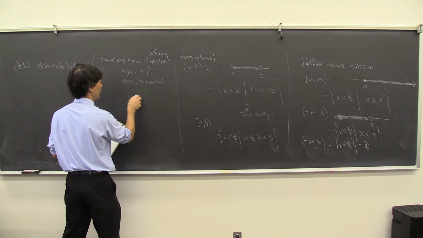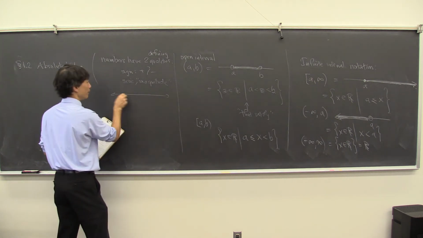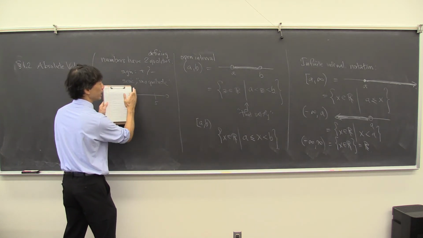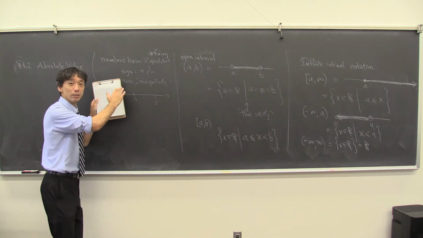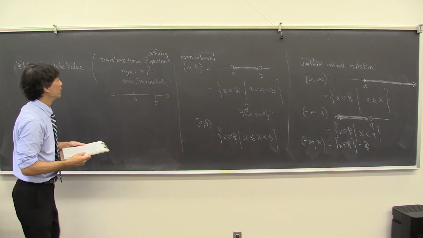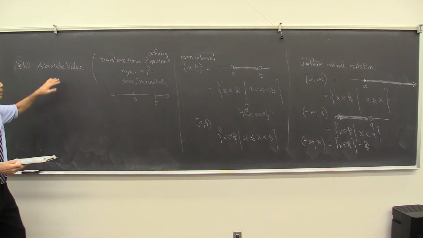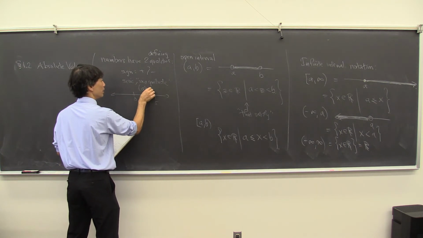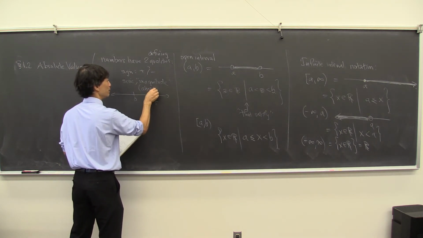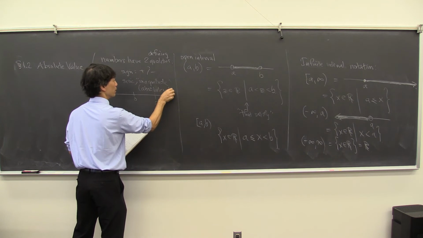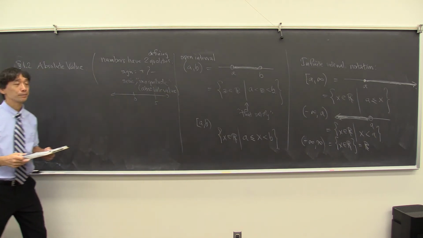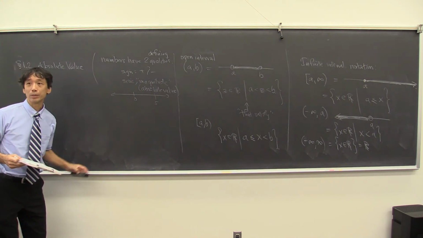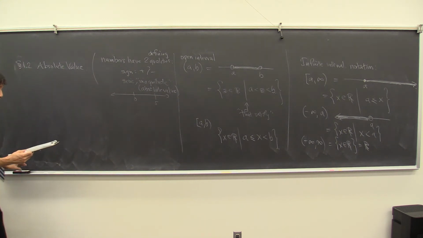Every number, if I look at 5, say, has a sign and it has a size to it. We describe this magnitude with the absolute value function. So you can see that absolute value is something very fundamental about numbers.